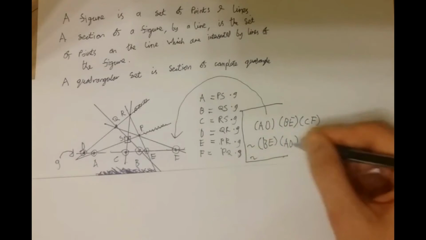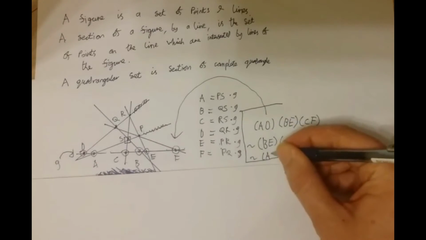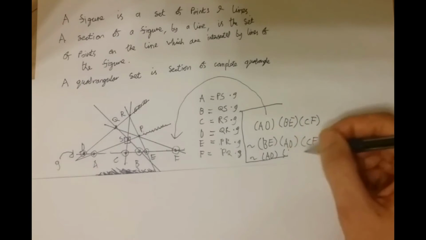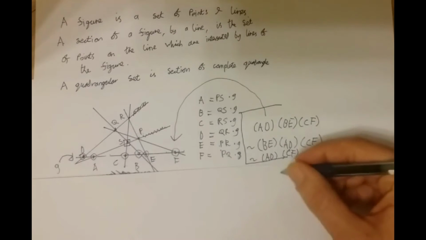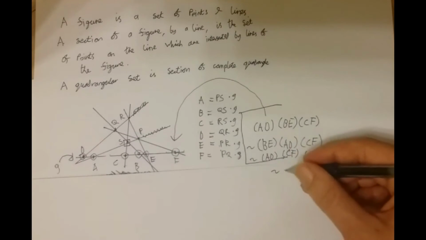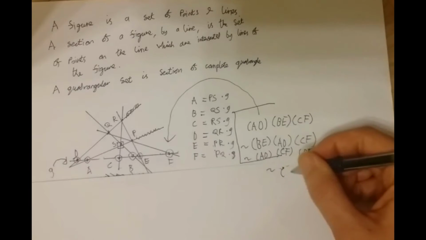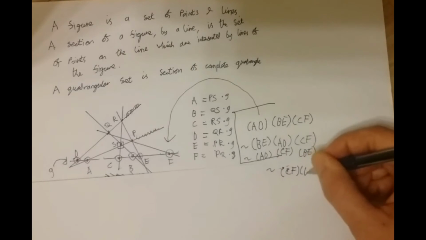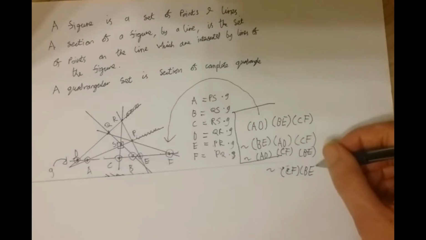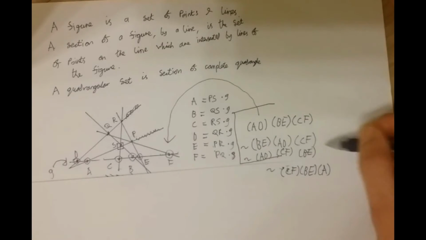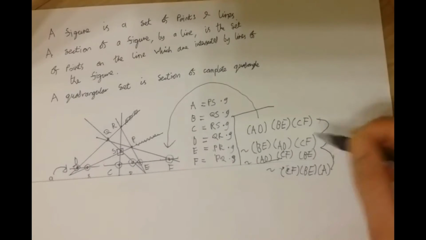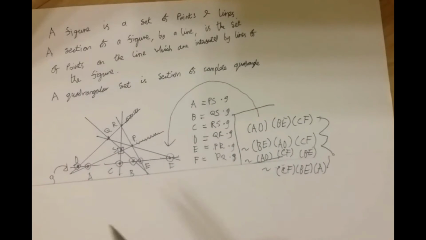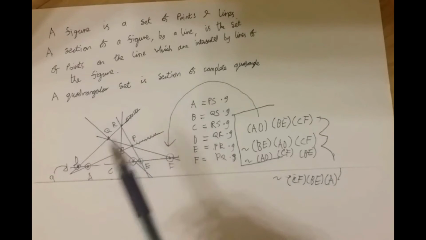So this is also equivalent, of course, to AD CF BE, or just for completion, CF BE AD. All of these things basically represent the same thing, just as if we'd labelled the original vertices of our quadrangle in different ways.